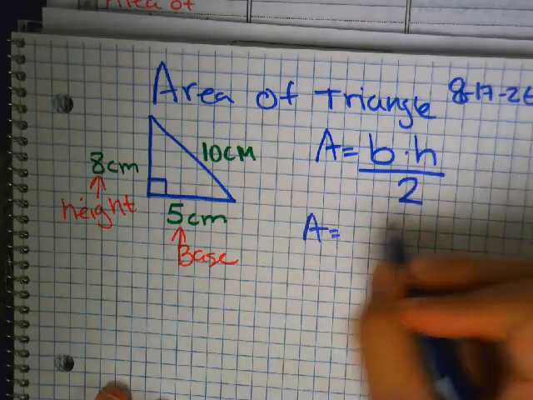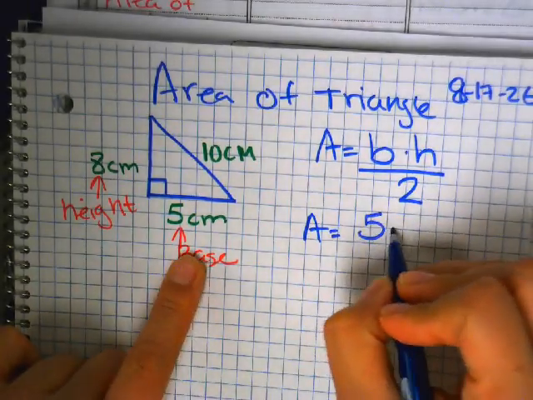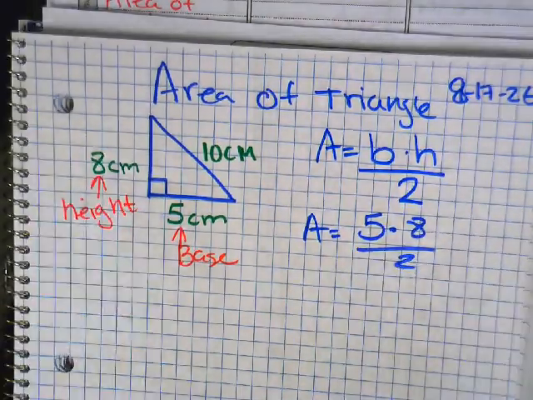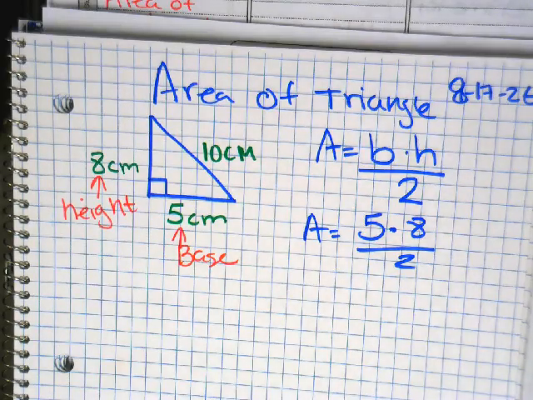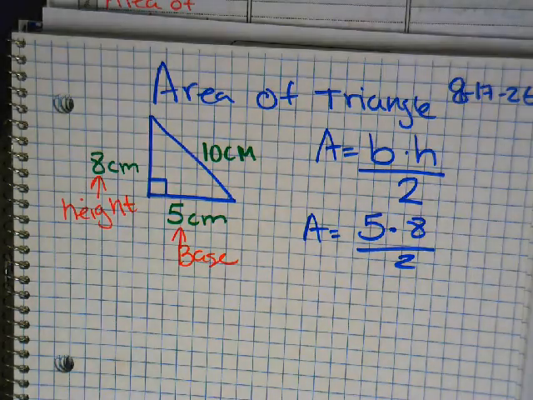Area is equal to, my base is 5 times 8 divided by 2. Now, if you need your multiplication table from your agenda, have that out. Some of you have notebooks with the multiplication table in the back. If you need it, great. If you don't, great. Use what you need. So what's 5 times 8? 40. Now, what's 40 divided by 2? 20.